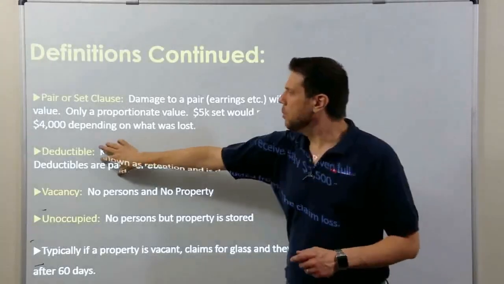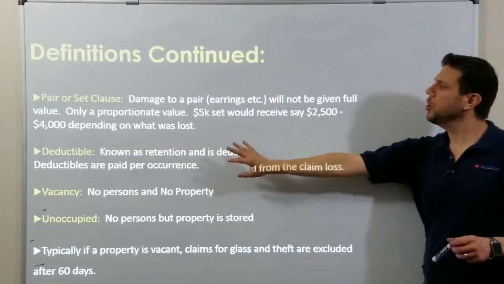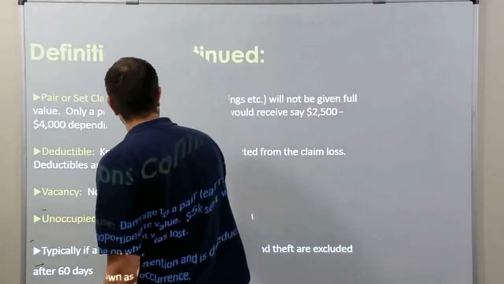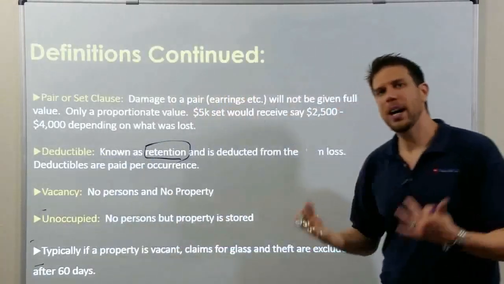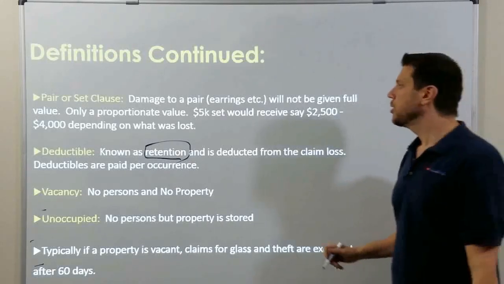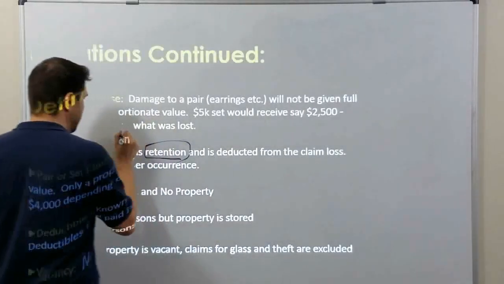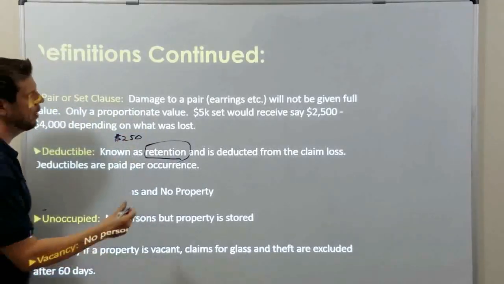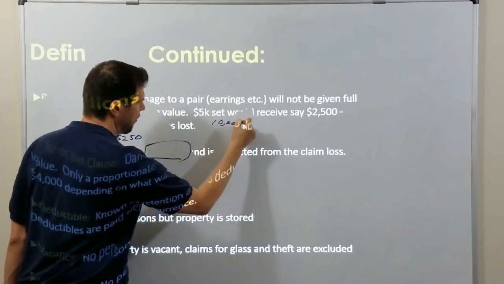A deductible on your test is also known as a retention limit. Retention limit is the amount of money you have to retain in the event of a claim. So let's say you have a $250 deductible and you have a claim of $10,000.